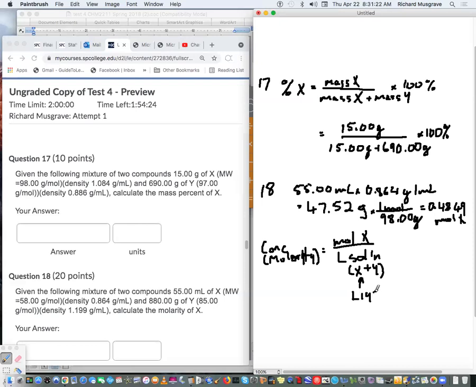Now, if X was a solid, it would just be Y. And that's what I was talking about earlier. You said if X was a solid, it would just be Y. That's right. And the reason for that is because it's liters of solution. A solid doesn't change the volume very much, whereas a liquid does. That's why there's a distinction here. But the distinction only matters for this problem, number 18. That's it. It doesn't matter for any of the other problems.